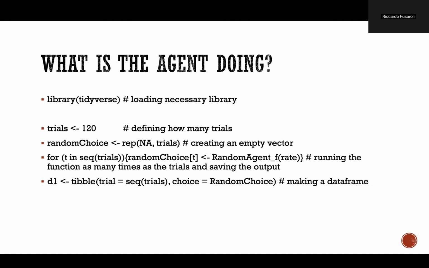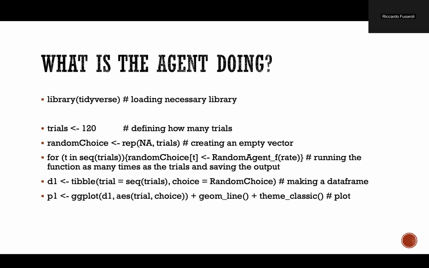Then I make these into a table because I like to work in ggplot and the tidyverse, where the trial is the sequence of trials and the choice is the random choice. And then I create a ggplot that takes the D1 table that we just created. It visualizes on the x-axis the trial, on the y-axis the choice.